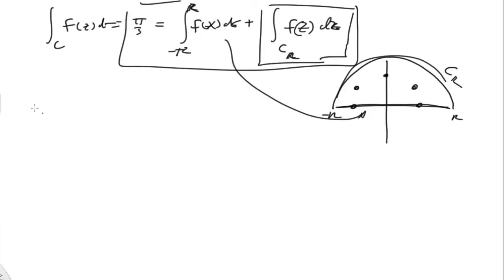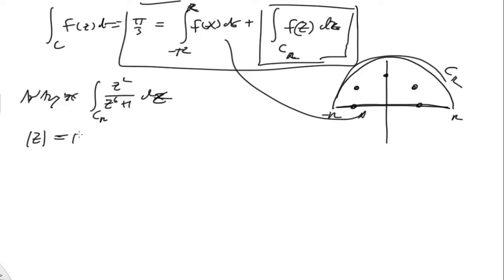What would be nice is that I need to analyze this integral over CR of z squared over z to the 6th power plus 1 dz. The way we do it, of course, is z is on the contour where the modulus is equal to r, and it's going from 0 to pi. I could parameterize it, but what I really want to do is just bound it.